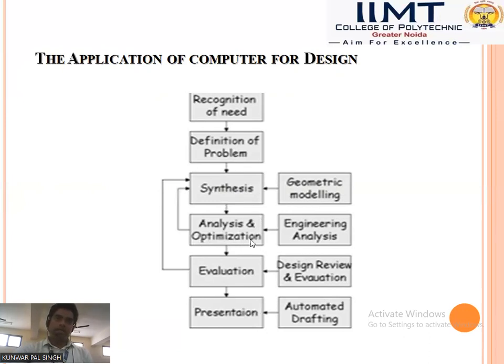If analysis and optimization results are not okay, then we again go back to synthesis, and the process starts again: synthesis, analysis, evaluation, and presentation. In the synthesis, geometrical modeling is done; analysis, engineering analysis is done; evaluation, design review and evaluation, automated drafting. So these are the things which are done for the design.